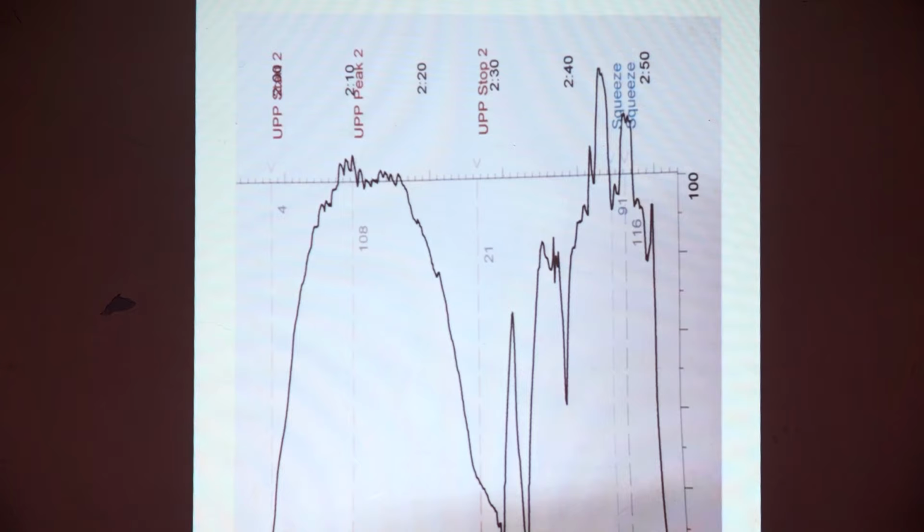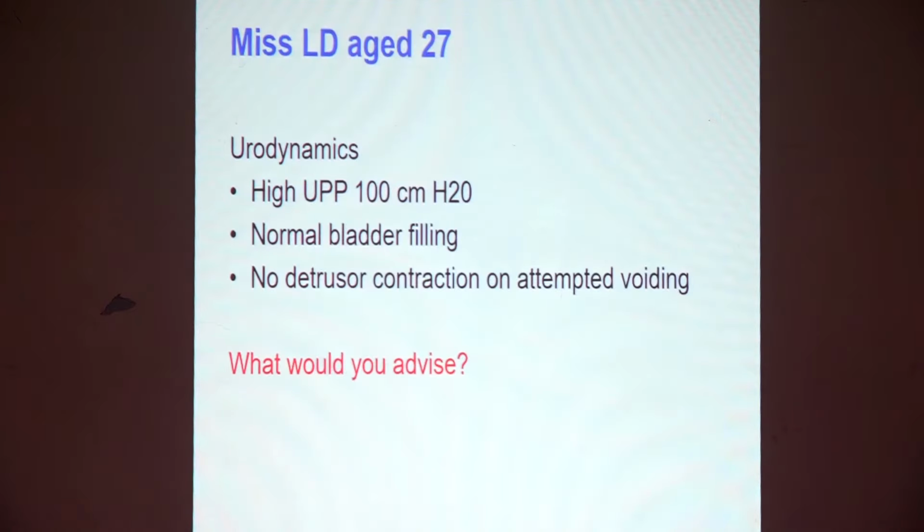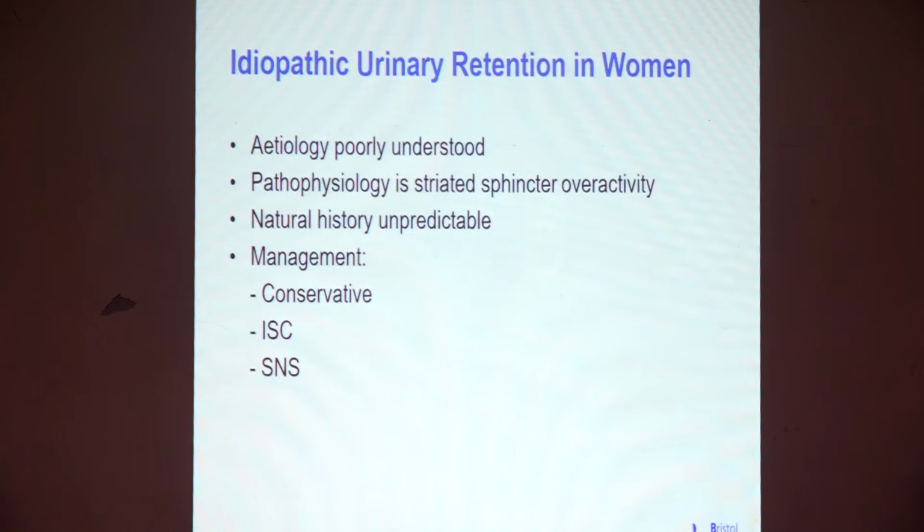So the sphincter is hypertrophied due to overactivity. So high pressure, normal bladder filling, in other words no detrusor overactivity, and she couldn't initiate a detrusor contraction. In normal physiology, perhaps that's not surprising, because she couldn't relax her urethra because of the very high pressure. So you don't expect the patient to initiate a detrusor contraction.